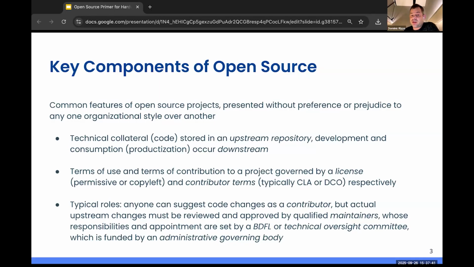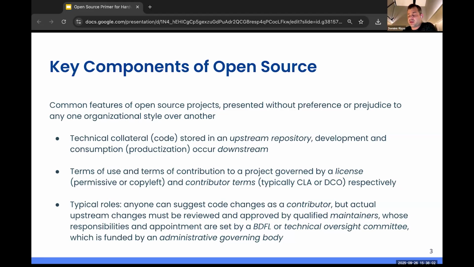The terms of use and terms of contribution to a project are typically governed by a license, either a permissive license or a so-called copyleft license. On the permissive side, we're typically talking Apache, MIT, and BSD licenses. On the viral or copyleft side, typically GPL.